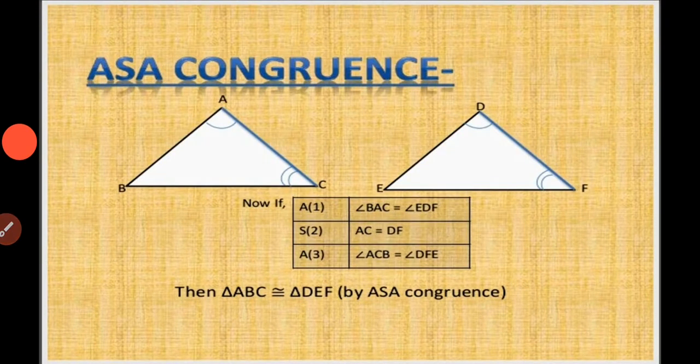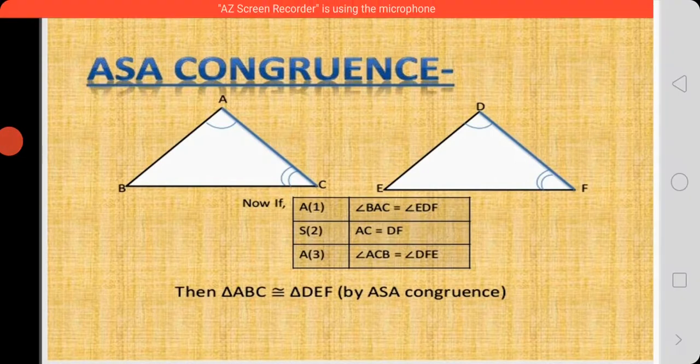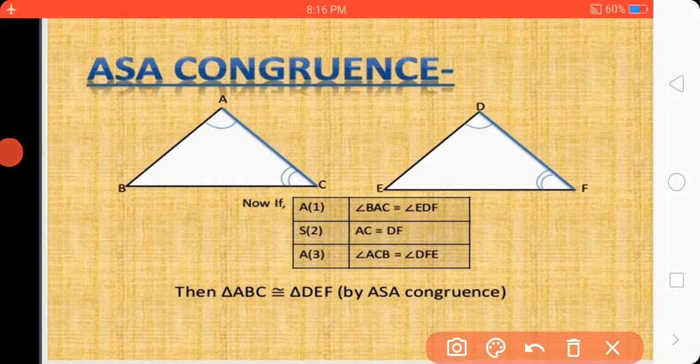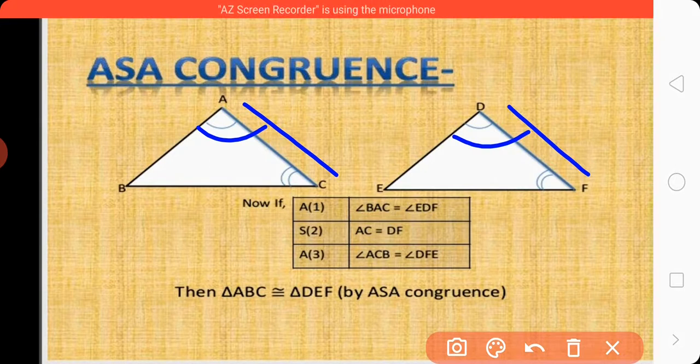Next, ASA congruence. Two triangles ABC and DEF are called congruent if angle A, that means angle BAC, is equal to angle EDF, and side AC is equal to side DF, and also angle C, angle ACB, is equal to angle DFE.